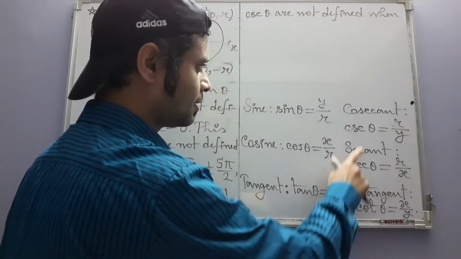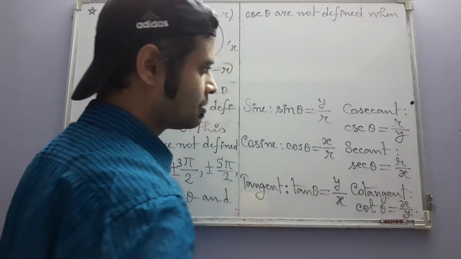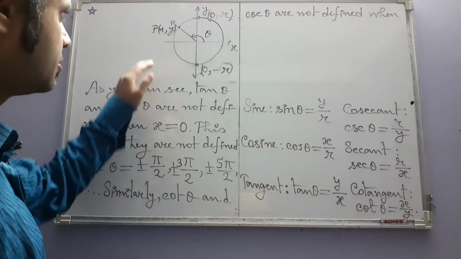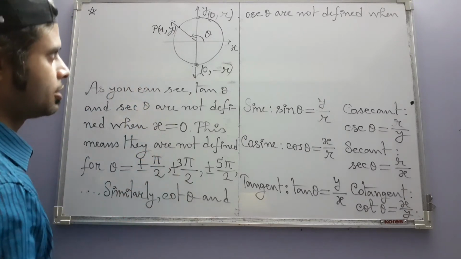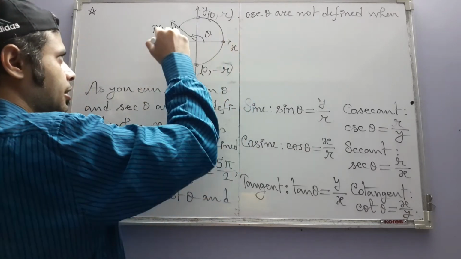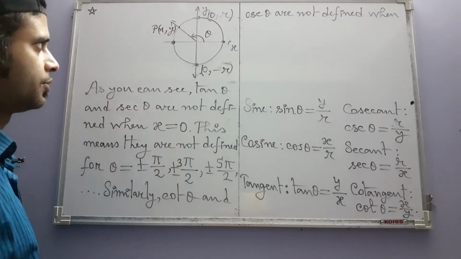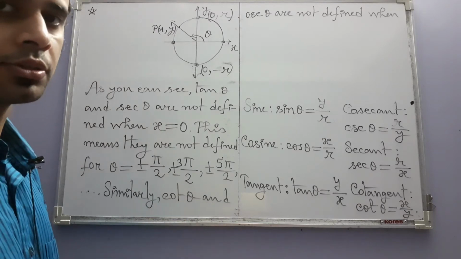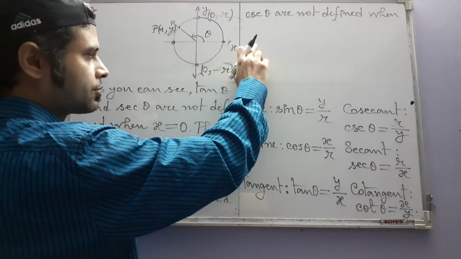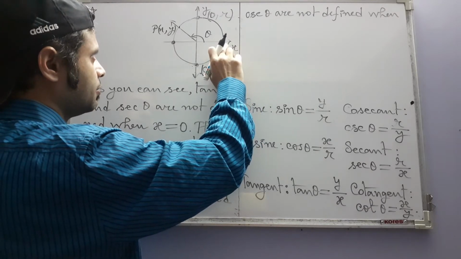Cotangent and cosecant give us a problem when the y coordinate is 0, and the y coordinate of any point is 0 on the x axis. So the two positions where this can happen on the circle are this and this. Now what type of angles correspond to these positions? 0 radian of course is one problematic angle.